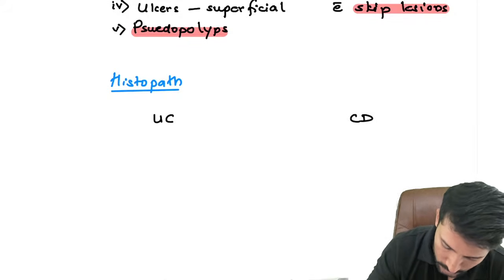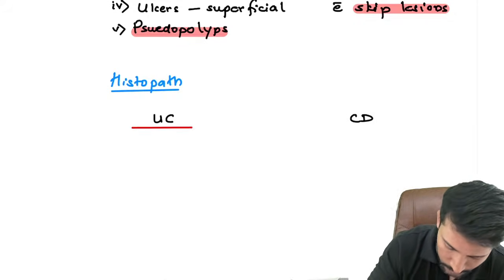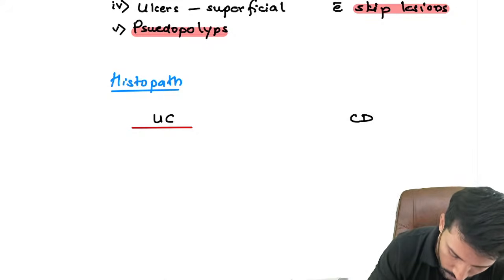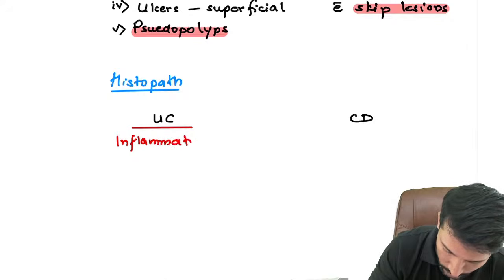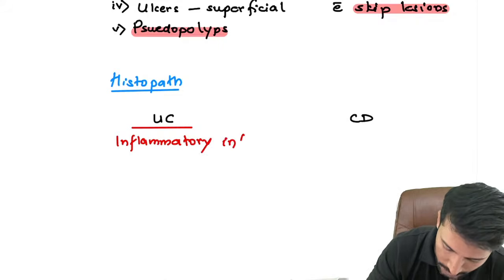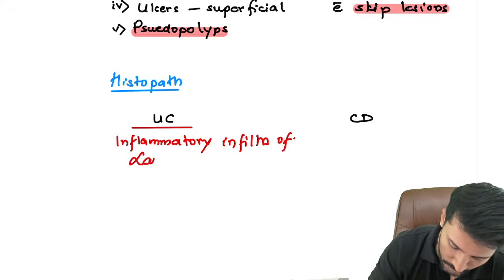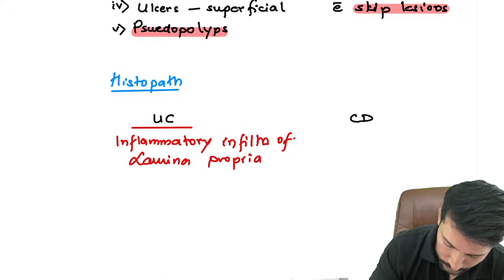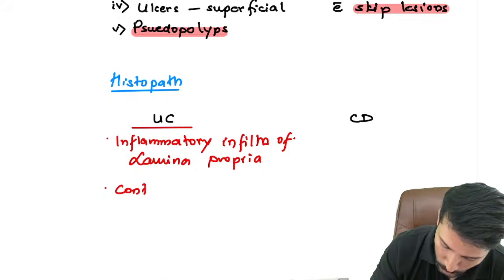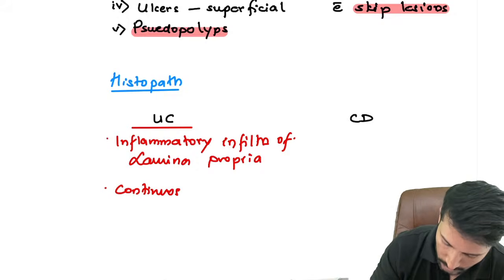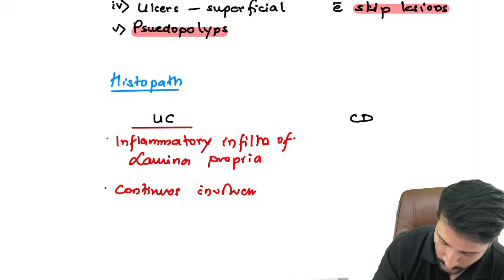For ulcerative colitis, mention that there will be inflammatory infiltration of the lamina propria. It is restricted to the lamina propria, and there is continuous involvement without skip lesions.